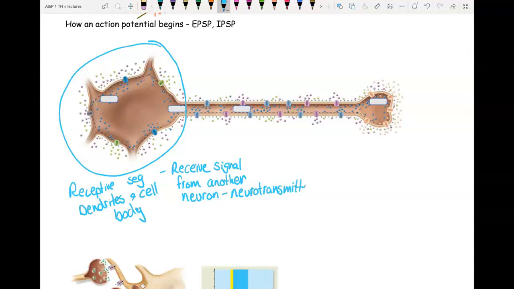And we can just start abbreviating neurotransmitter NT. So the gates on the receptive segment are ligand regulated. So remember, that means that they open when neurotransmitter binds.